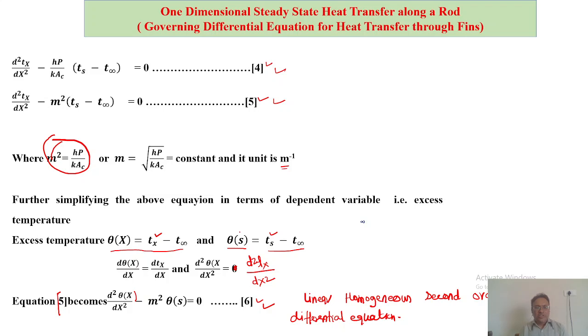And what is the purpose of equations 4, 5 and 6? If I could solve equation 4, 5 or 6, I will get the equation for Tx, and with the help of that equation I can find out the variation of temperature of the fin at any distance x.